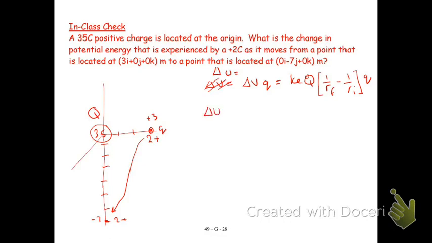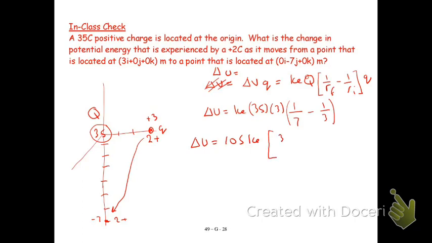So delta U is equal to KE. My big Q is 35. My little q is 3. 1 over 7. Don't worry about the negative sign, it's just 7 units difference, minus 1 over 3. Delta U is equal to 105 KE.